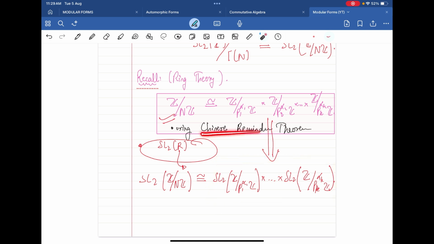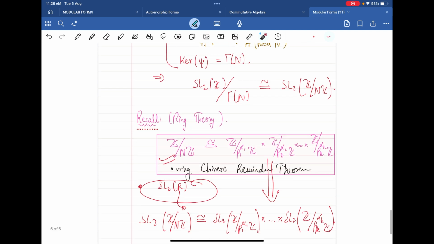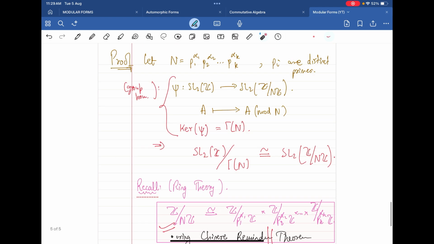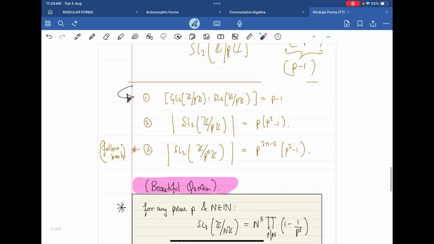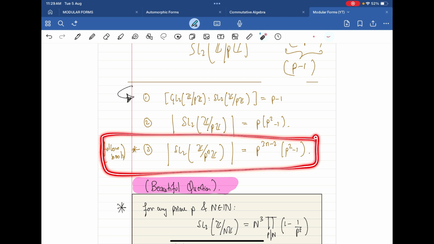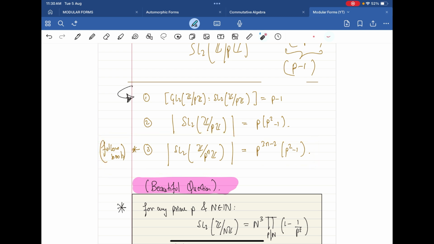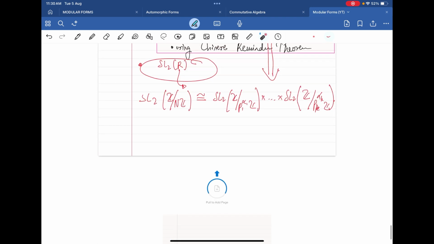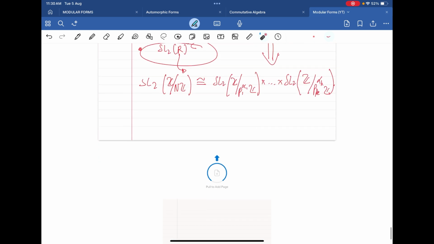Using the Chinese remainder theorem, we get this relation, and it's easy to calculate the order of this group because of this result. Again, I just showed it for n equal to 1, but I gave it as an exercise for p to the power n for general n. It's not that difficult, it's constructive. You should follow the book for that, and if you are able to prove it on your own, that is much better for you.